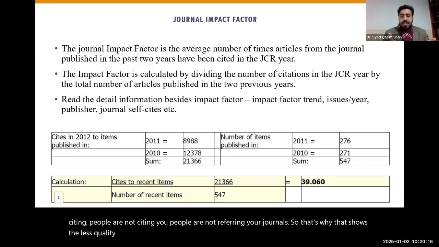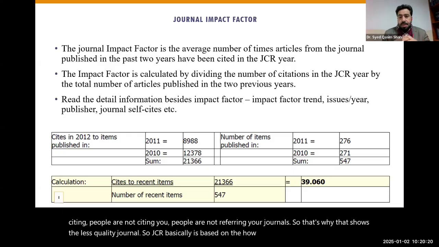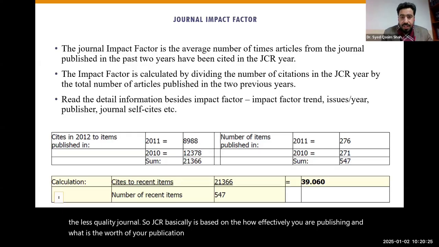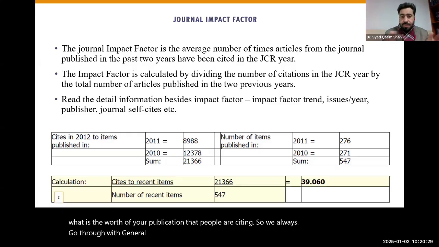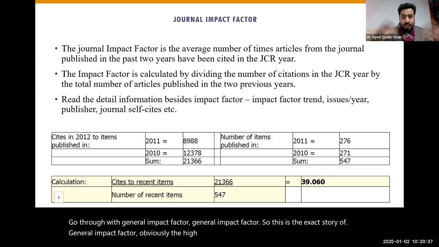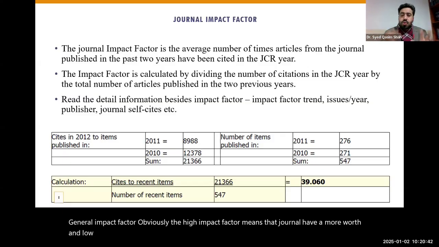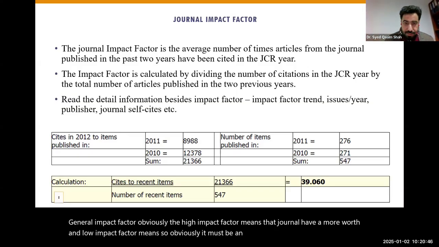JCR is based on how effectively you are publishing and the worth of your publication, which people cite. So we always go with journal impact factor. This is the exact story of journal impact factor. A high impact factor means the journal has more worth, and a low impact factor means the opposite.